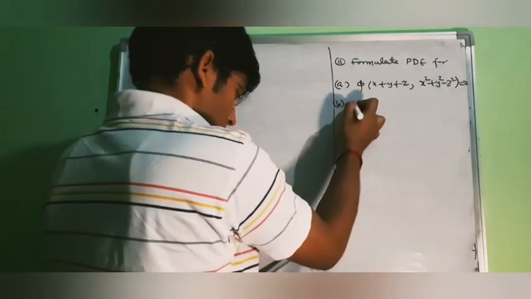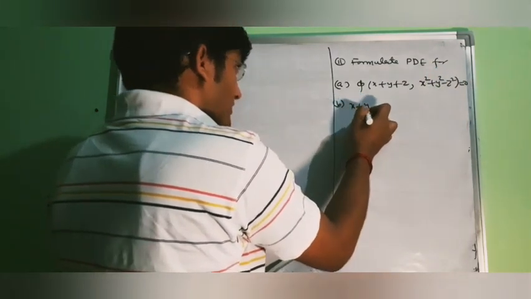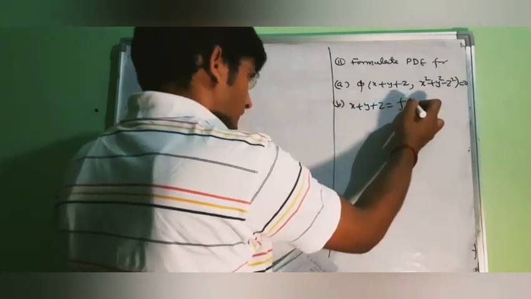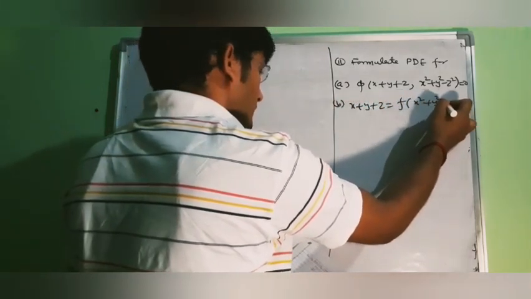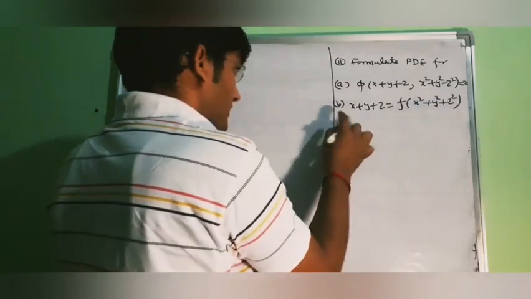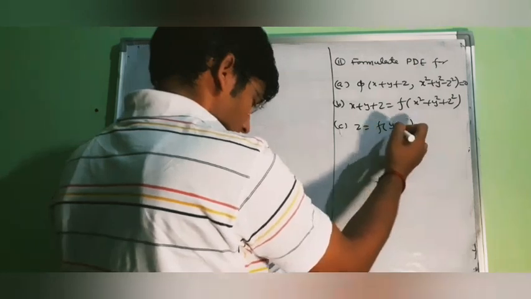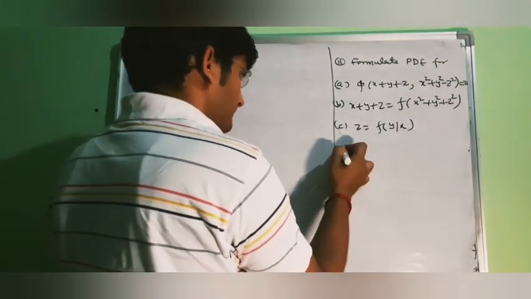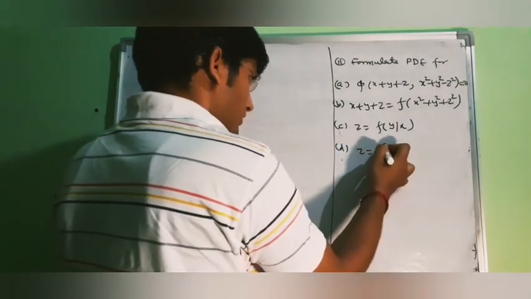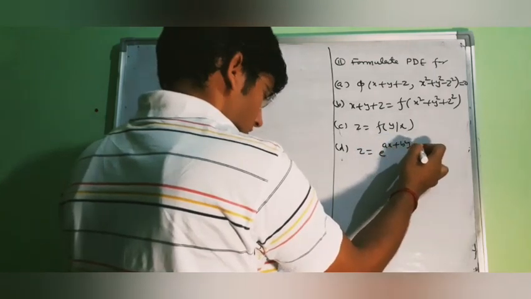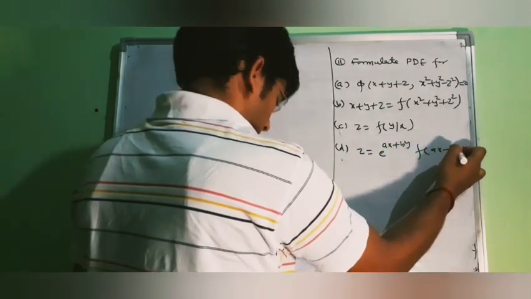Second part, x plus y plus z is some another function of x square plus y square plus z square. In the third part, we have z equal to some function of y upon x. In the fourth part, z equal to e to the power x plus by into f of ax minus by.